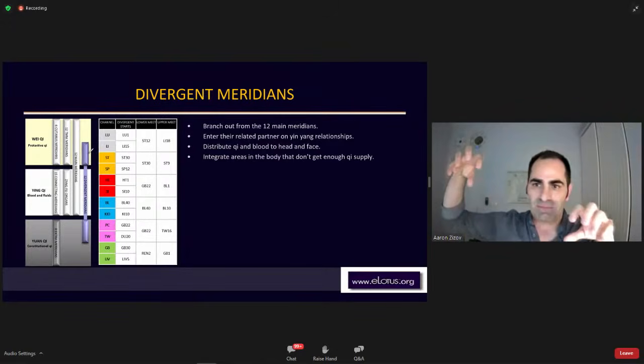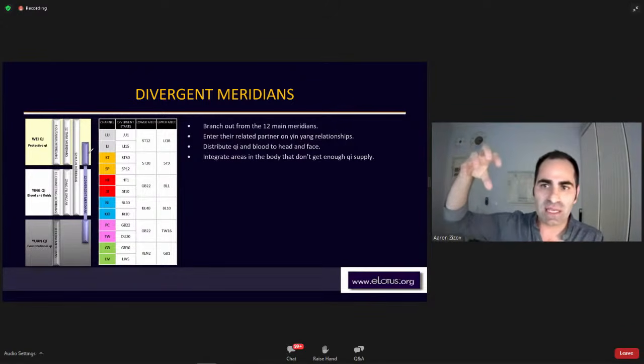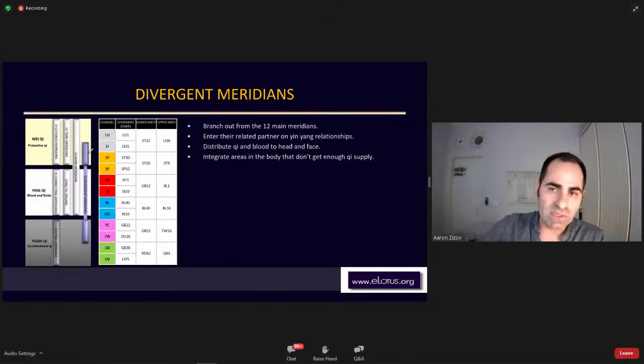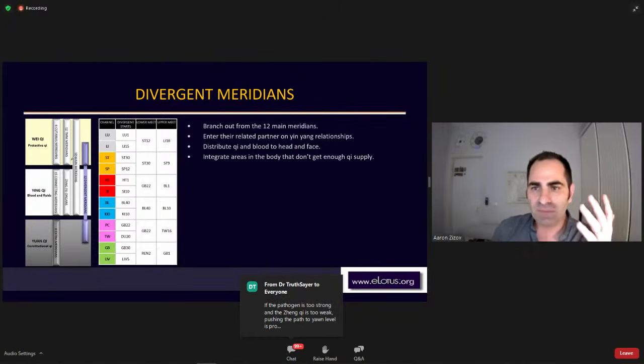If the pathogen is on the Wei Qi level and entered in, we can keep it in a condition which is not harmful, in the Yuan Qi level, in the 8 extra meridians, or in the big joints, and it will not do harm. We can activate the divergent meridians only when there's a pathogen, when there's a disease. We cannot open them just like that.